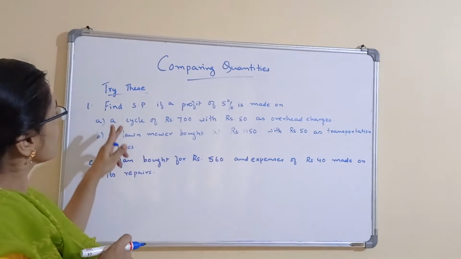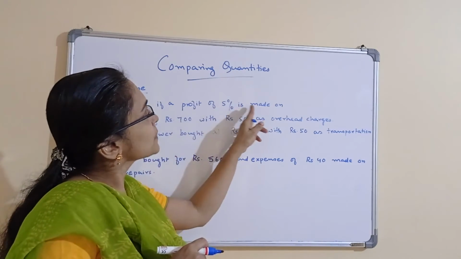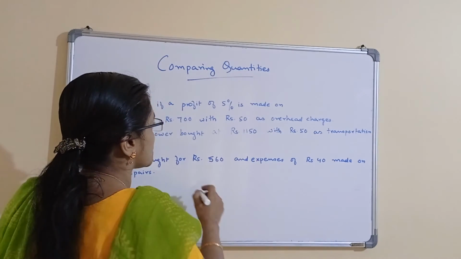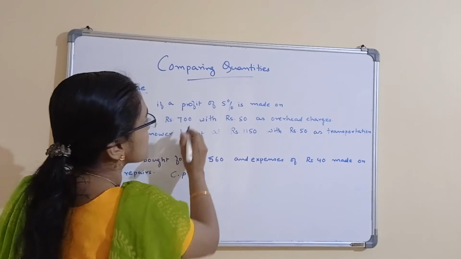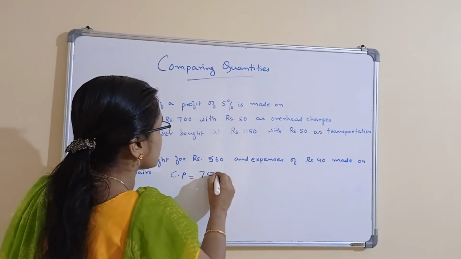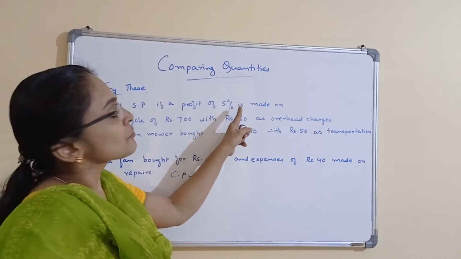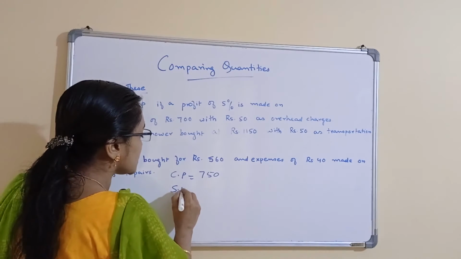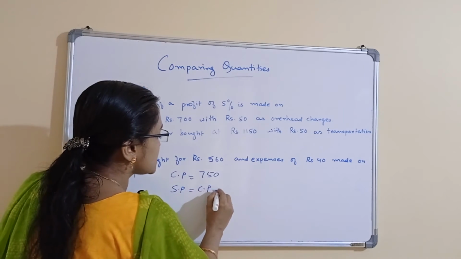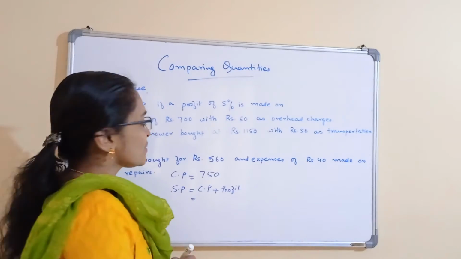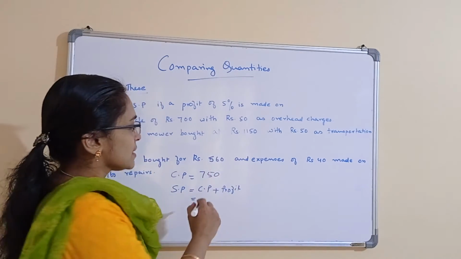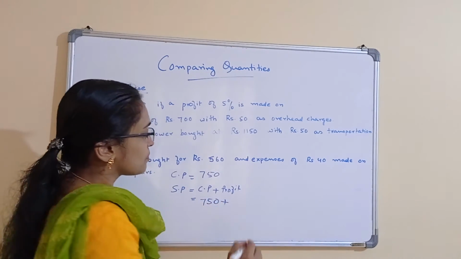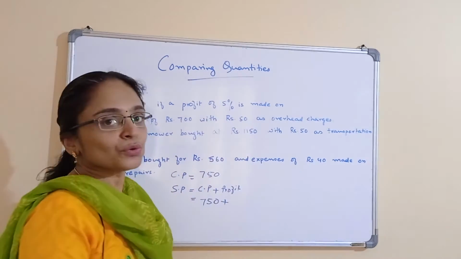This is given for you to try, so we will solve this also. Find SP if a profit of 5% is made on a cycle of 700 rupees with 50 rupees as overhead charge. So cost price is equal to 700 plus 50, 750. And profit is 5%. So selling price will be cost price plus profit, which is equal to cost price, that is 750, right? So 750 plus profit, which is 750 into 5 by 100.